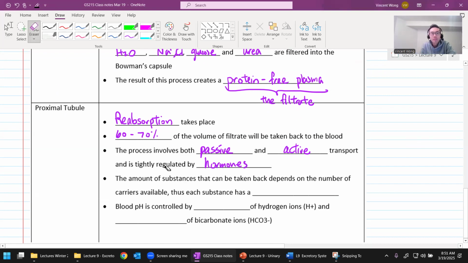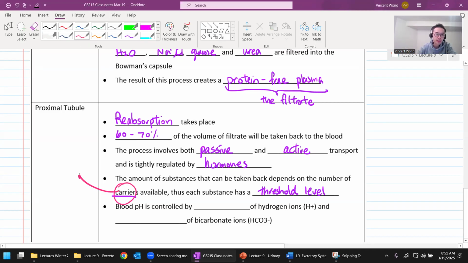How much do we take back? The amount depends on the number of carriers available. Each substance has a threshold level. You can only take back up to a certain amount. If there's too much, it will just continue forward.